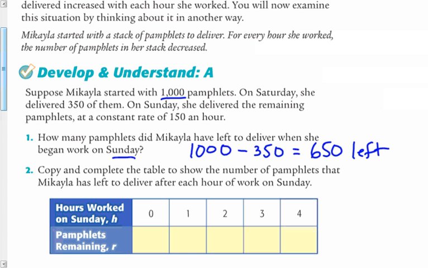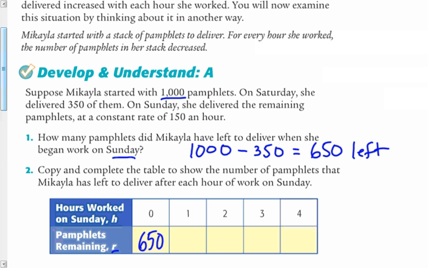All right? So when we fill this out, we're talking about the pamphlets remaining to deliver when she starts work on Sunday. On Saturday she delivered 350, so that means she has 650 left.